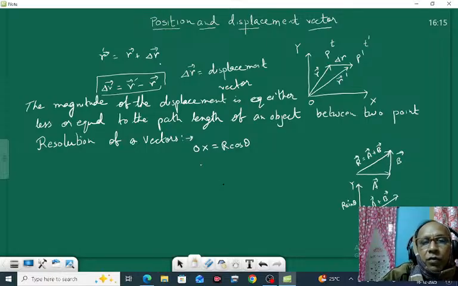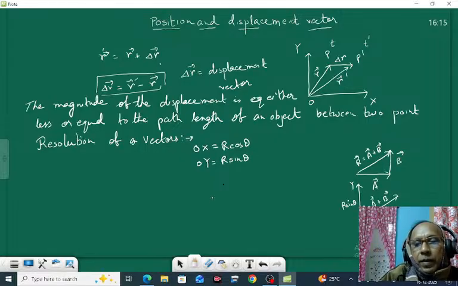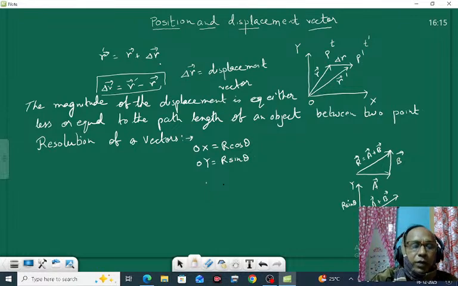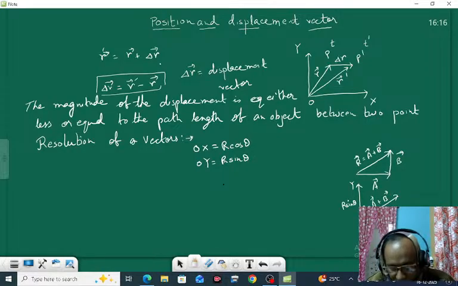And OY equals R sin theta. In this way you can find the resolution of any vector. We can resolve it into three directions also, that is OX, OY and OZ.